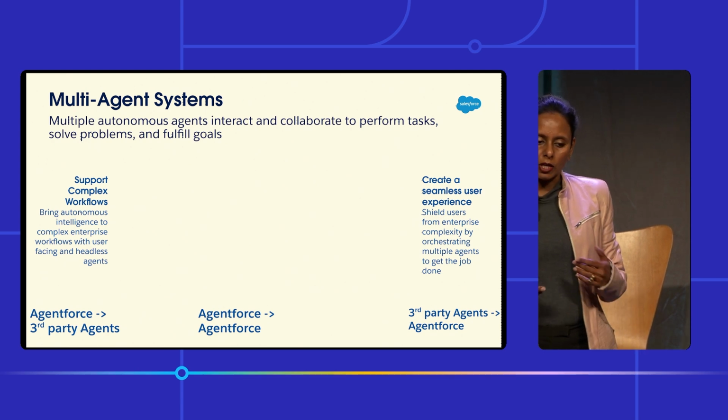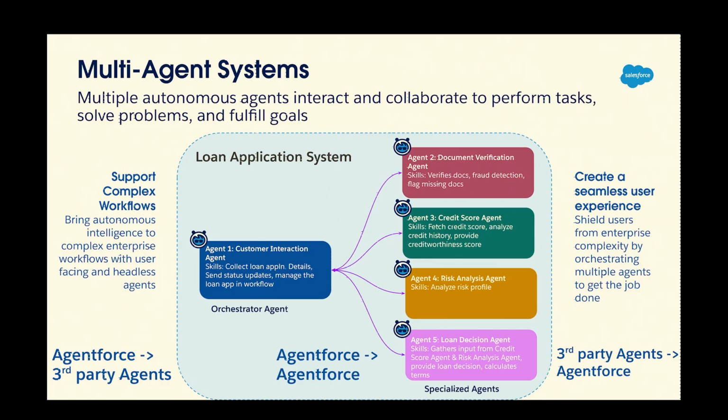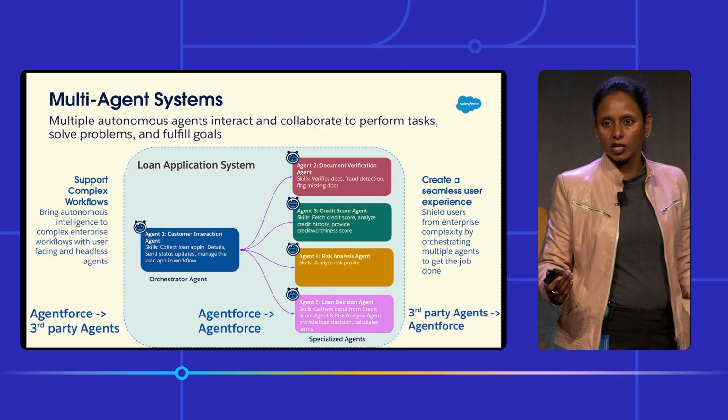So let me also provide you an example here. Imagine that there is a loan application system. Now, I don't know about you, but I have applied for a loan, and it is a very painful and complicated process. So if this were to be automated through a multi-agent system, it would typically contain one agent that is your orchestrator agent, whose job is to interact with the customer, get their loan application details, follow up with them, provide status updates, etc. And then the second thing it would do is orchestrate other specialized agents in the ecosystem.